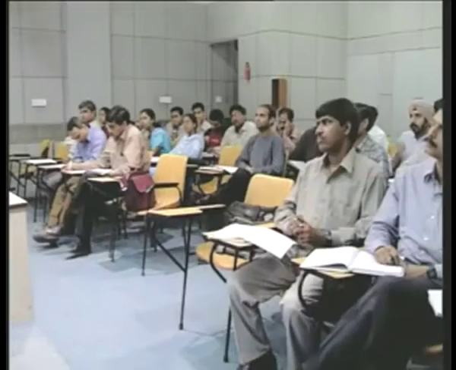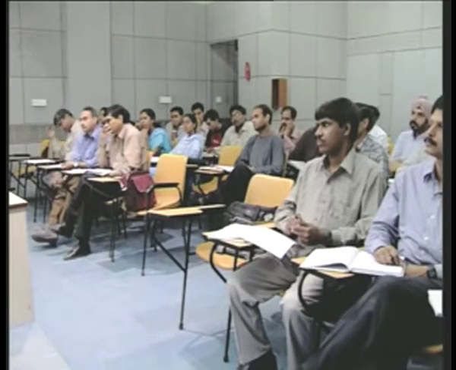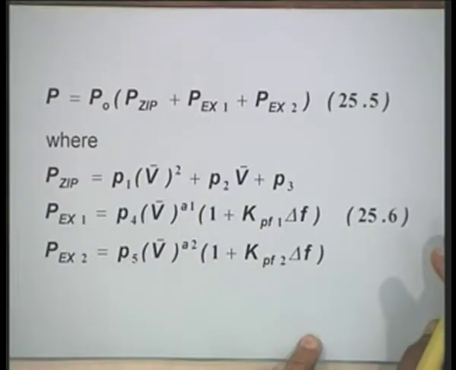As we have seen, we have to model all these subsystems in detail: synchronous generator, excitation system, governing system, turbine system, and we have not even gone to the boiler models. The boiler models are also required, transmission line models are required, load models are required. In case there is a big approximation or error in this modeling, the results are going to be different or erroneous, and that is why a lot of efforts are being made to develop better and better models and to estimate these parameters by doing experiments in the field.